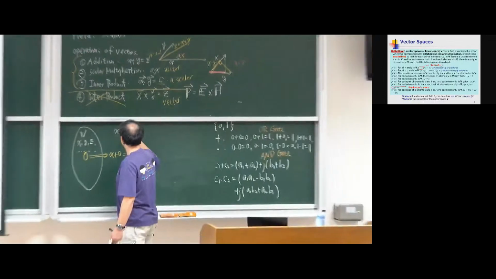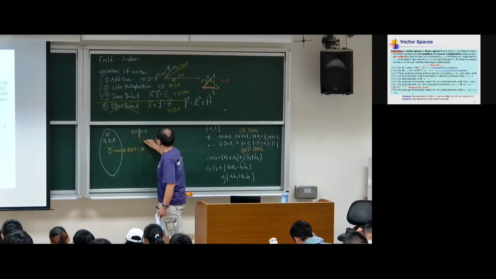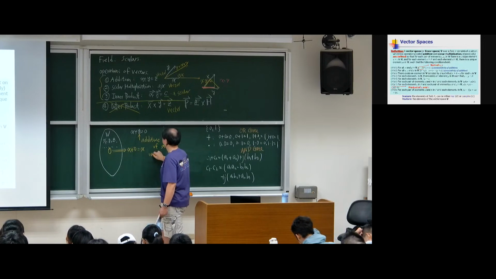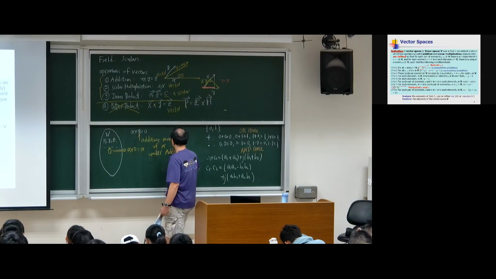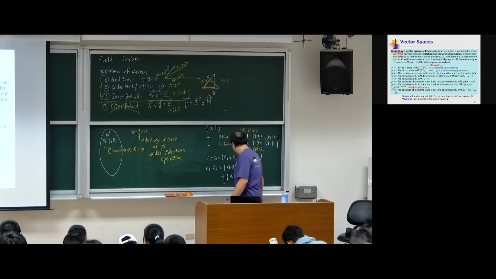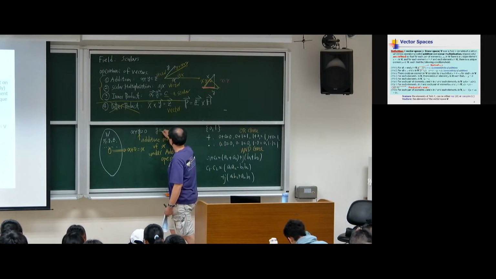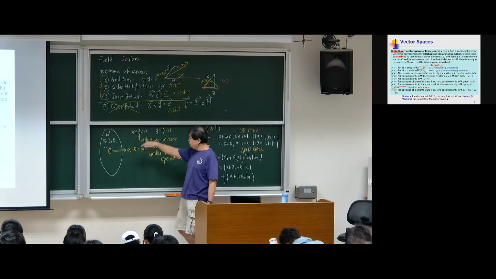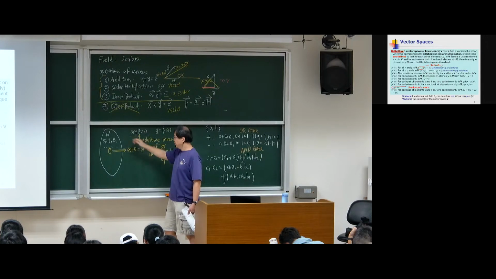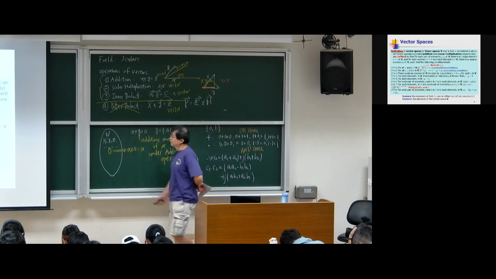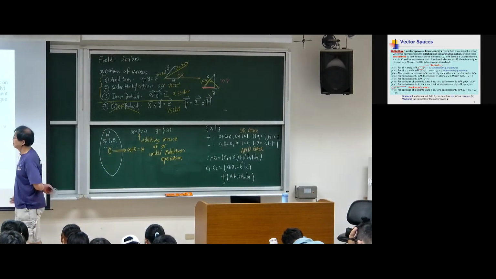It means we have the additive inverse of X under the addition operation, and we define this inverse vector as Y equals minus X. So minus X is the additive inverse of X. VS4 tells us we have an additive inverse for any vector.